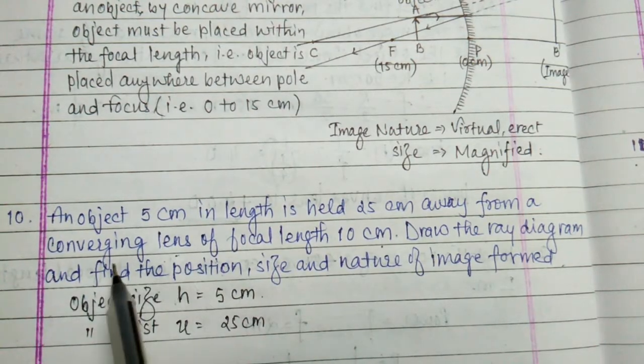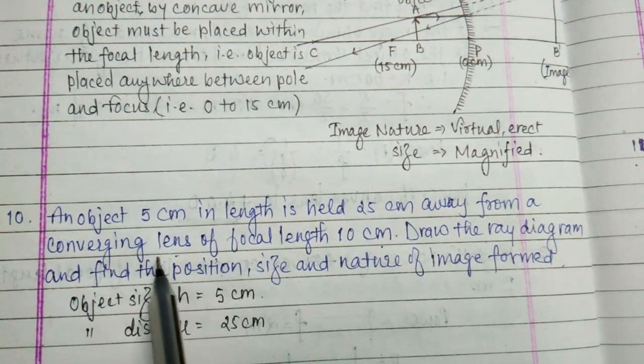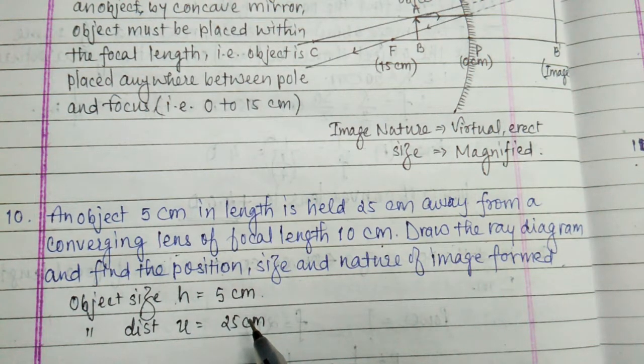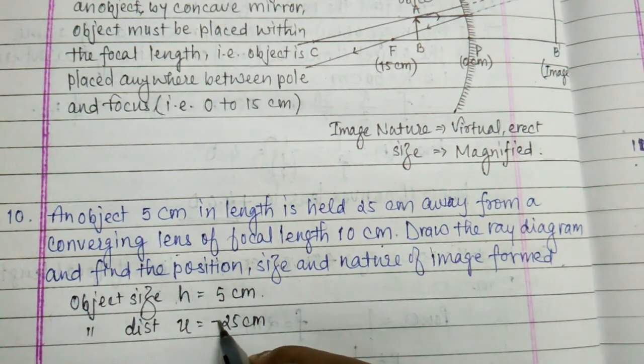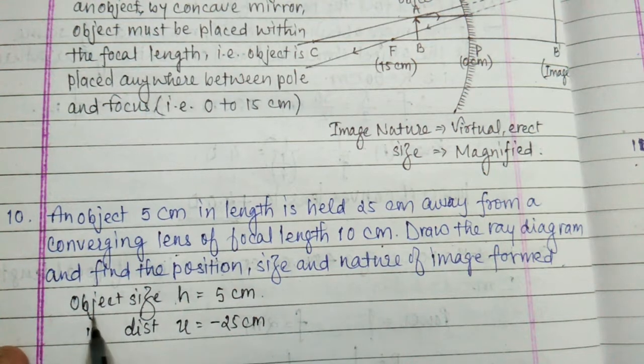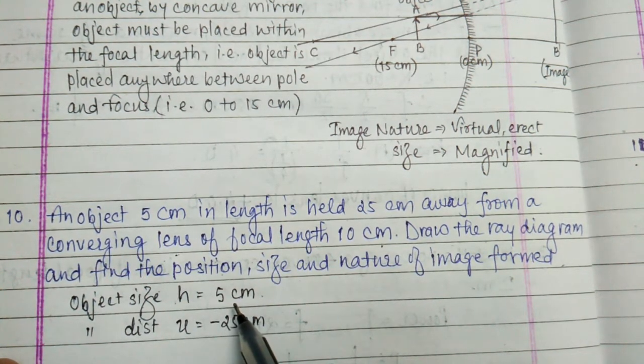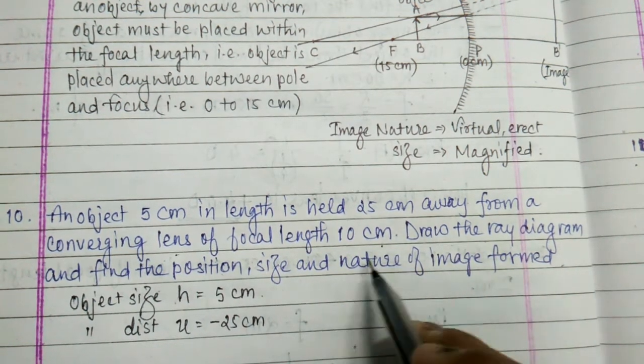But here we have a converging lens. It means convex lens. And object is always placed on the left side of the lens or mirror. So object distance is always negative. And object size is positive. Why? Because it is the upward height. So it is positive.